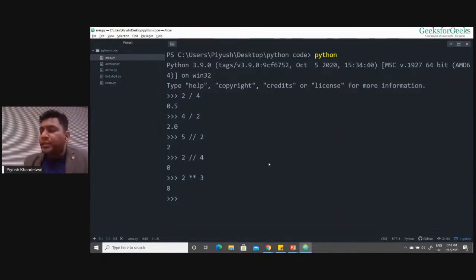Similarly, the exponentiation operator can be applied on negative numbers also. Suppose I have minus 2.5 and I want to compute its power 3. I can simply write minus 2.5 to the power 3. So the exponentiation operator can be applied on negative numbers as well, right?